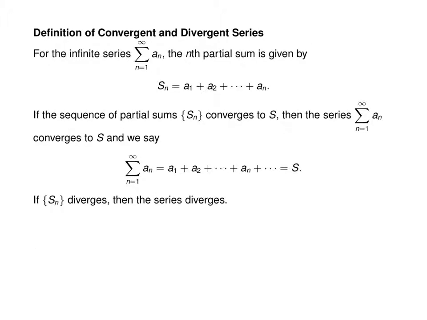So for an infinite series summed from 1 to infinity, the nth partial sum is given by a1 plus a2 plus up to an. If this sequence of partial sums converges to S, then the series converges to S, and we say that the sum from n equals 1 to infinity of a sub n is equal to S. If the sequence of partial sums diverges, then so does the series.